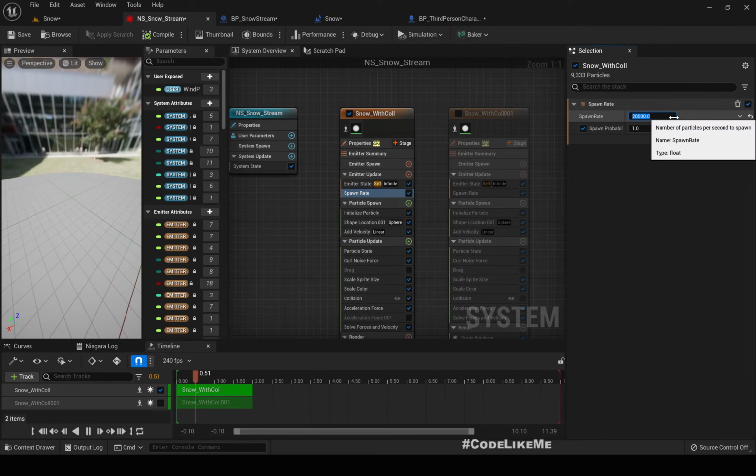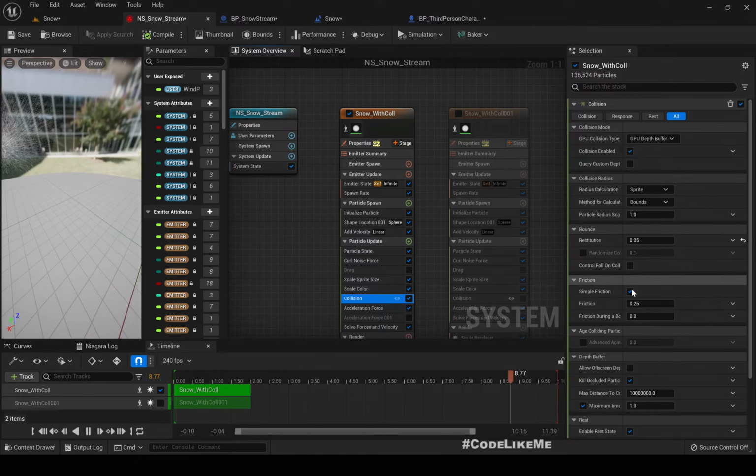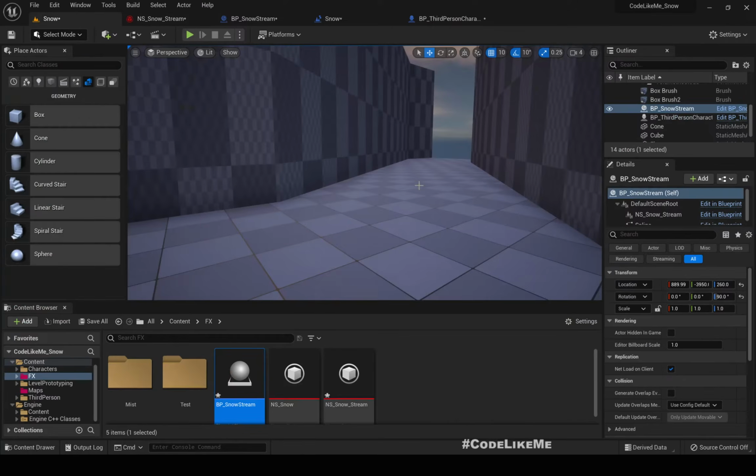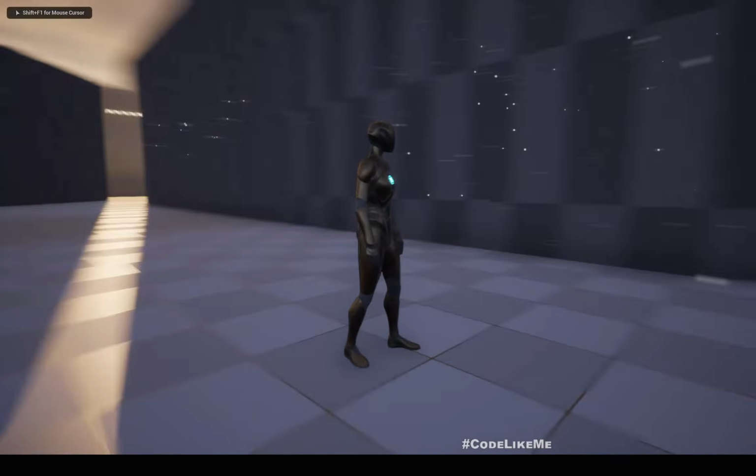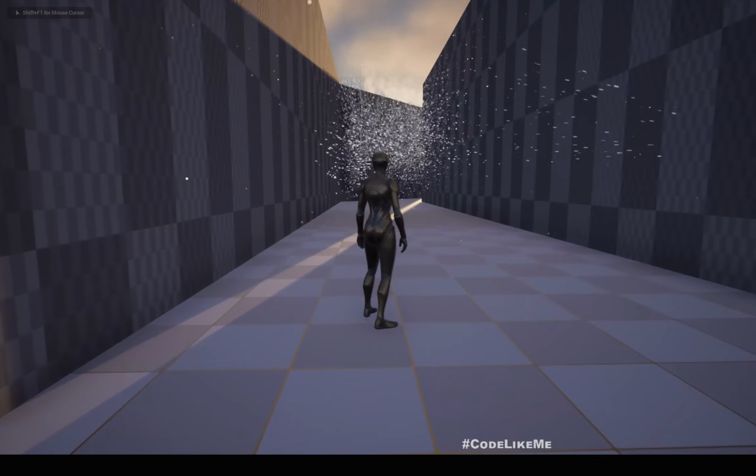First thing, we can try increasing the particle count, and then maybe on collision we have this restitution, a very low value. Let's give it like 0.6, so it should bounce the particles.